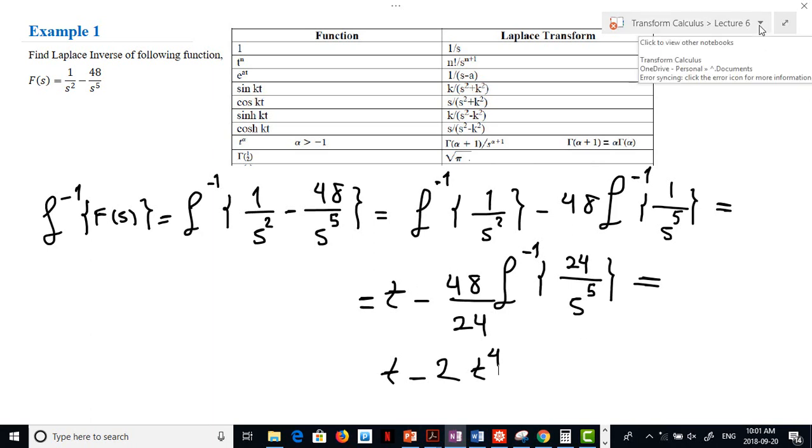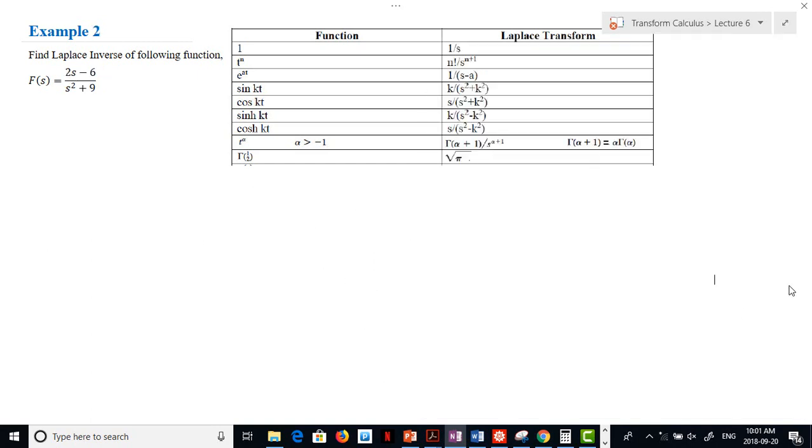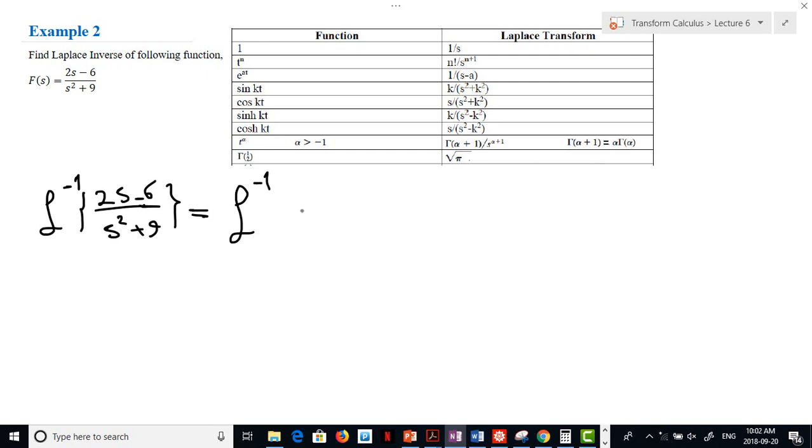Let's solve another example. We want to find the Laplace inverse of 2s minus 6 divided by s squared plus 9, which is equal to the Laplace inverse of, so I can decompose it.